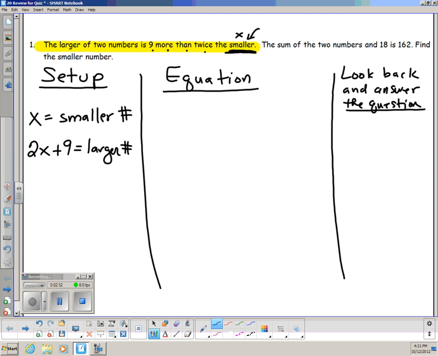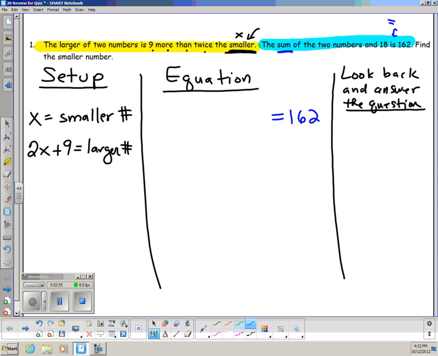This next sentence needs to get translated, but this next sentence is going to get translated in terms of an equation. This sentence helps us get the equation. So firstly, we have the sum of 2 numbers and 18 is 162. Is the equal sign. So I'm going to write equals 162. The sum of the 2 numbers, meaning the smaller and the larger.